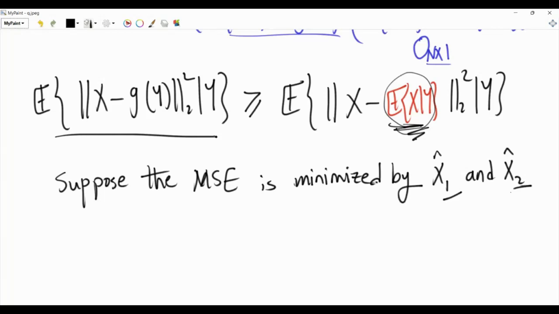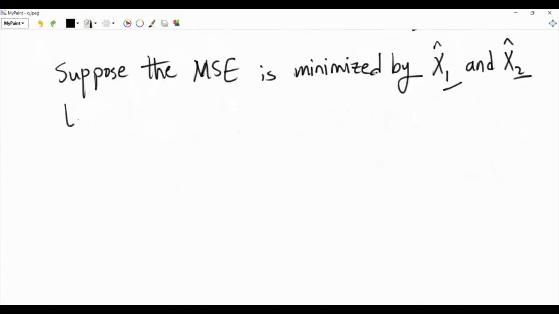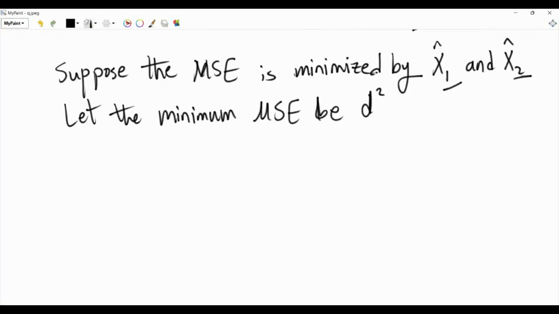Each one of those vectors is n-dimensional, contains functions of the observations that provide estimates for the components of vector x. Suppose that the mean squared error is minimized by x1 hat and also by x2 hat. Let the minimum mean squared error be d squared.